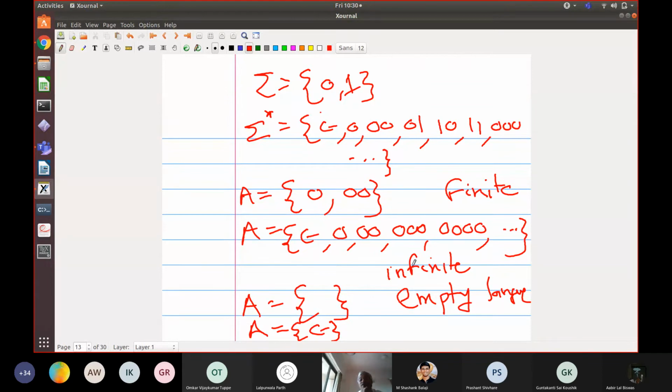Languages can be finite or infinite, but any arbitrary subset of sigma star forms a language. So here I've got 4 different examples of language A. Any questions?